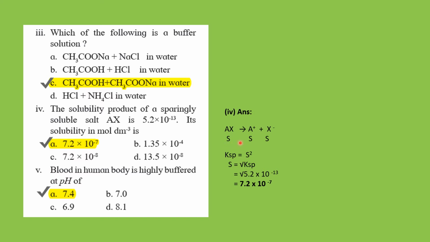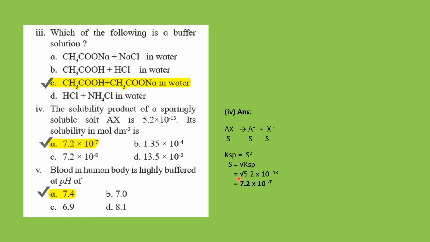If S is the solubility of AX, then S moles of A plus ions and S moles of X minus ions are formed. Therefore, Ksp is equal to molar concentration of A plus into molar concentration of X minus, that is S into S, which is equal to S square. Or solubility S is equal to square root of Ksp. Ksp value is given in the question as 5.2 into 10 raised to minus 13.